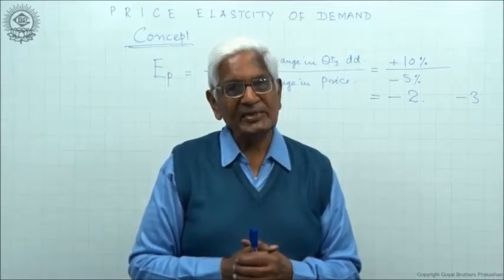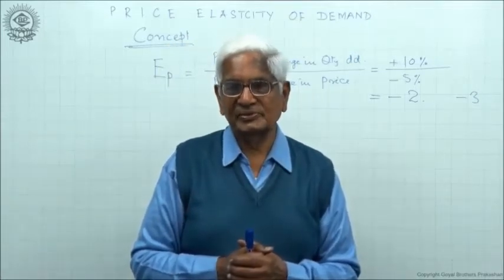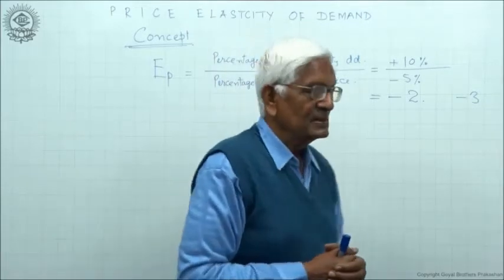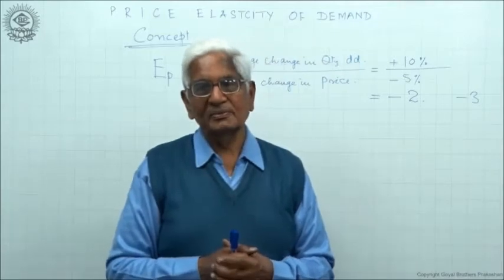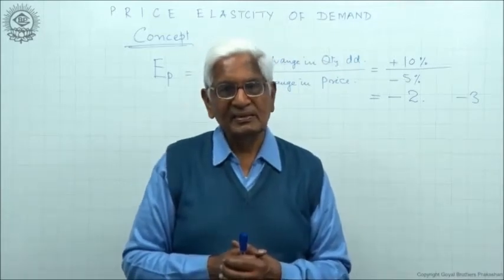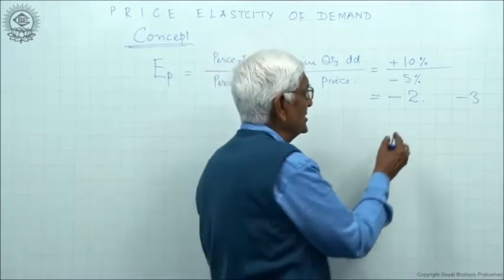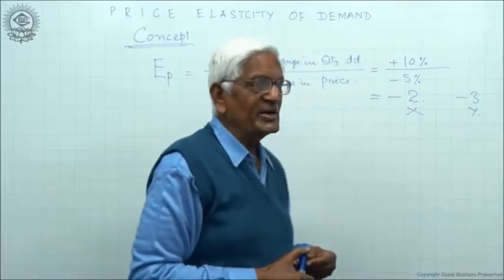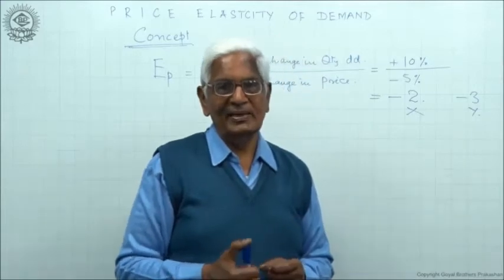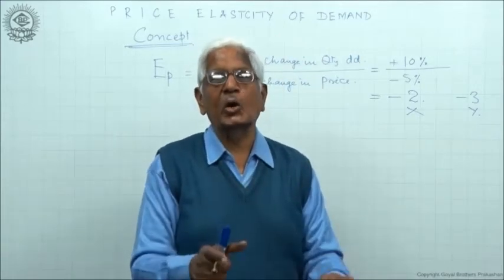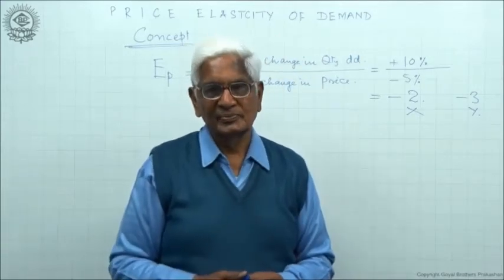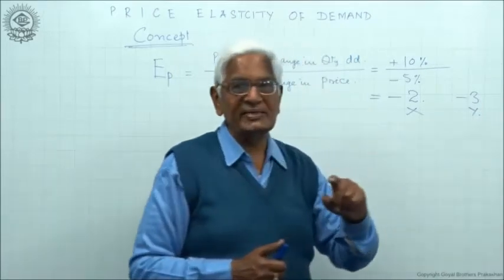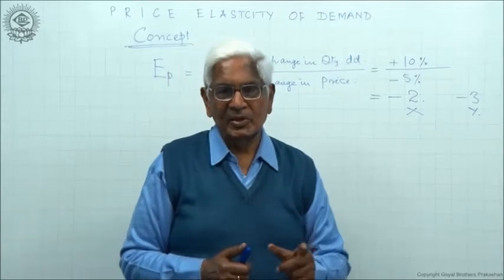If you base your answer on the basis of mathematics, your answer will be that minus 2 is greater than minus 3, which means suppose this commodity is X and this is Y. Demand for commodity X is more elastic than demand for commodity Y, which is wrong. In fact, demand for commodity Y is more elastic than demand for commodity X.